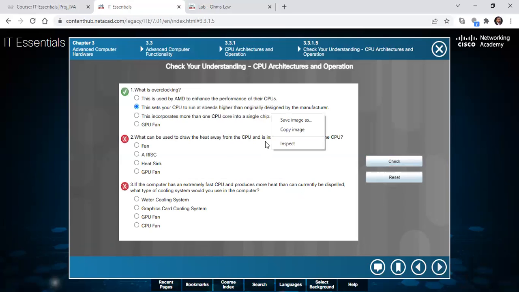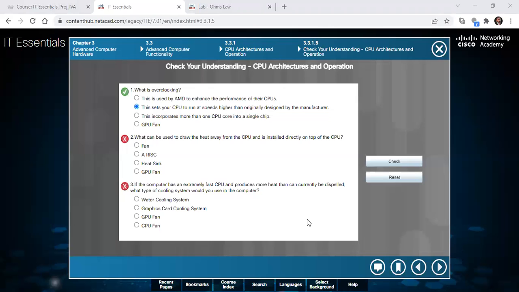Correct. All right. So what can be used to draw the heat away from the CPU and is installed directly on top of the CPU? Group A. Group A. On top of the CPU, that is sync.